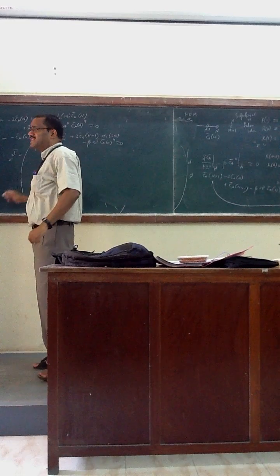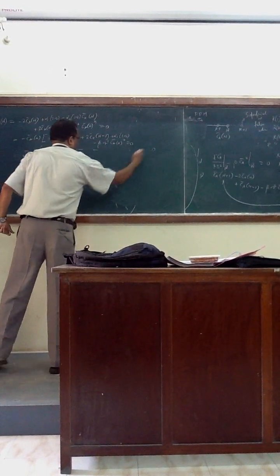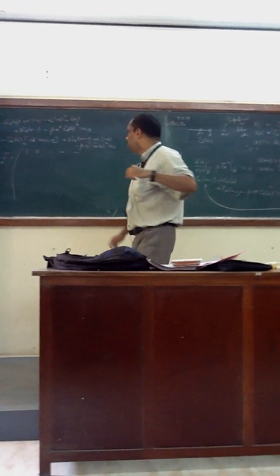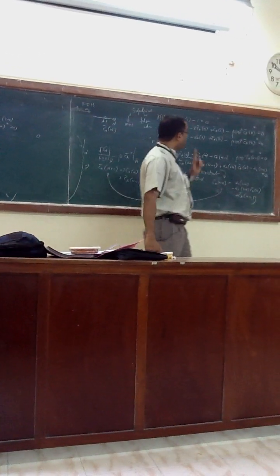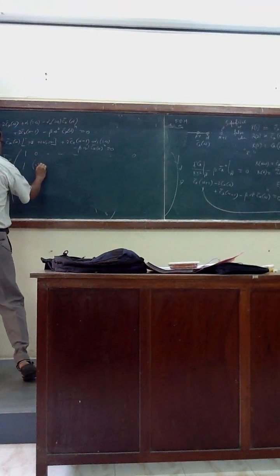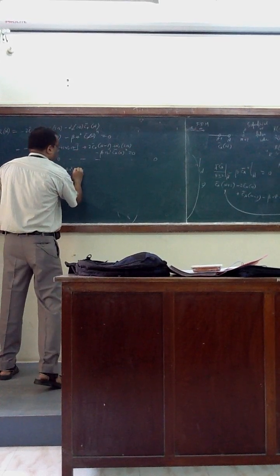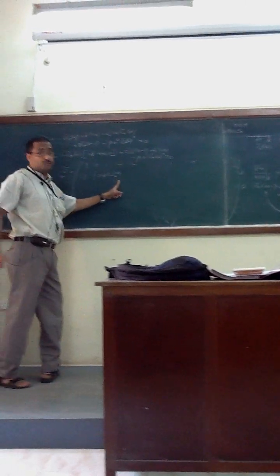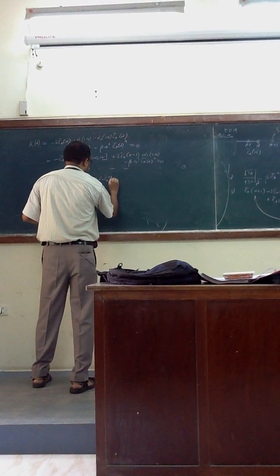Dou R1 by dou CA bar 2 will go to 0. Dou R2 by dou CA bar 1, dou R2 by dou CA bar 2 minus 2 minus beta delta z square into CA bar old. If you don't put old, it's a mistake. CA bar old of 2.